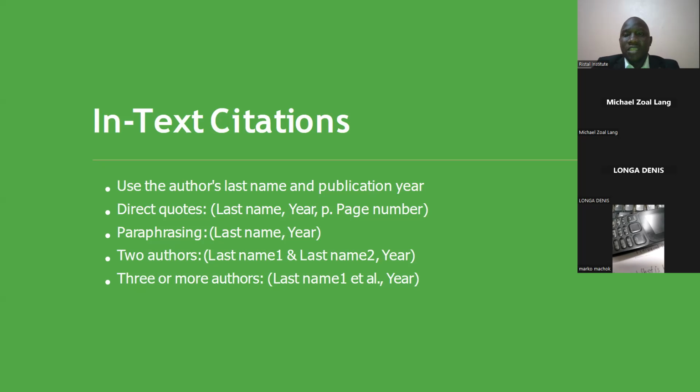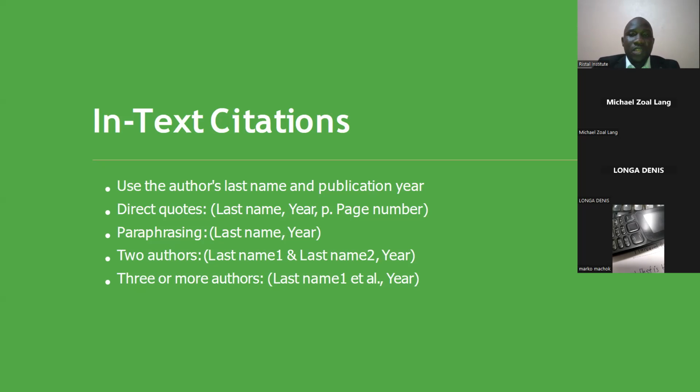That's maybe a finding in 2019. So then you put that reference there. So you put whether it is WHO 2019, then you put the reference. When you do that, that is what you call in-text citation. So immediately after the sentence, you put a citation, that is in-text citation.